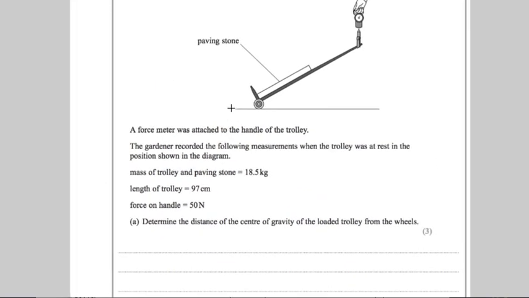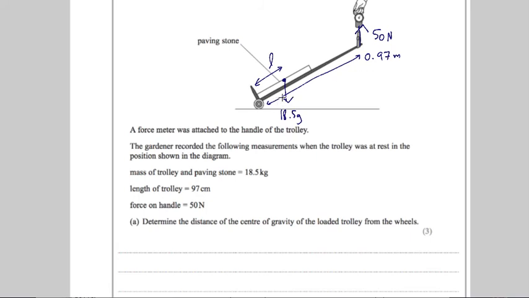So, the center of gravity, let's just draw it in a position like here. Let's call that distance L. And we're going to have a weight of 18.5 times G acting down, and we've got a force of 50 newtons acting up, and the length of trolley is 0.97 meters, 97 centimeters.